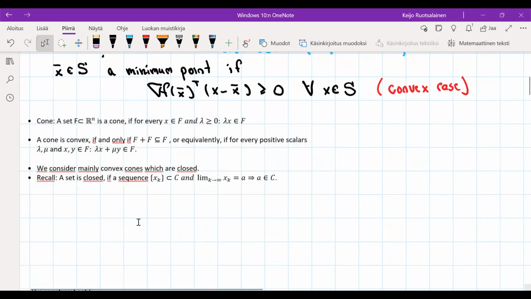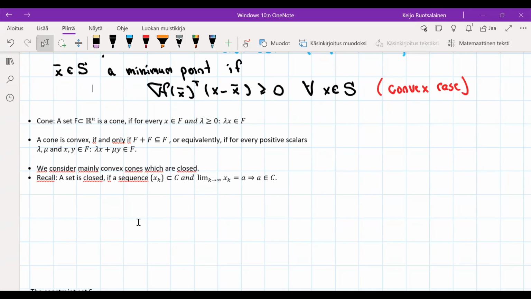So a cone is a set such that if you take a point in the cone and you multiply it by a positive scalar, then the new point belongs to the set as well.